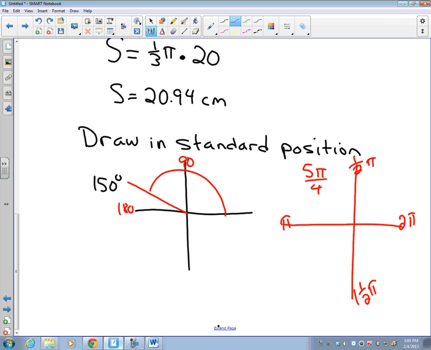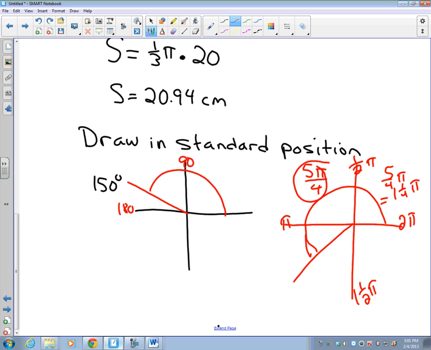So this 5 over 4 represents 1.25 pi. In standard position, that would be going here to 1 pi and then about halfway down there. I won't ask you to be that specific. I'm not going to measure them to see that they're halfway, but you should know that it's in the third quadrant here. Okay?